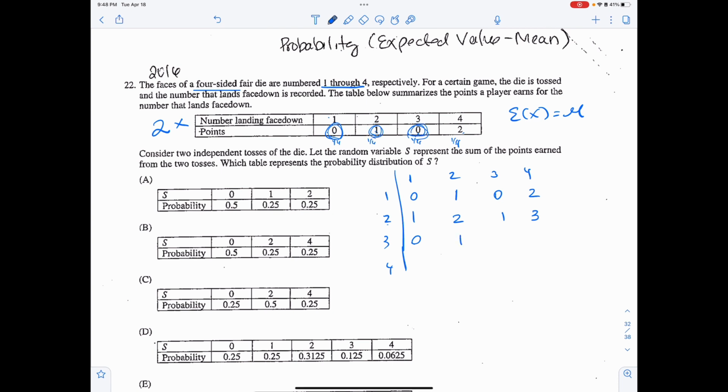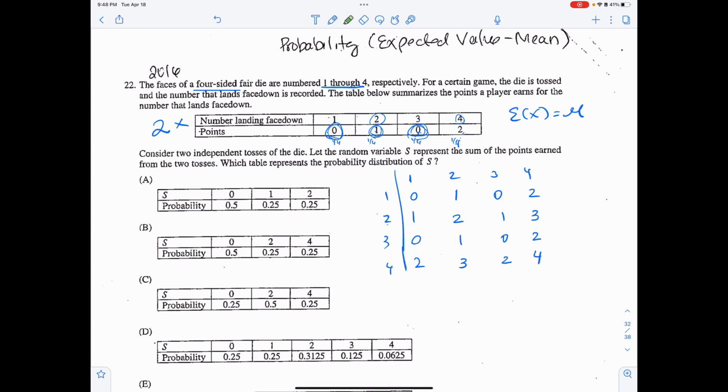A 3 and a 3 is 0. A 3 and a 4 is 2. A 4 and a 1 is 2. A 4 and a 2 is 2 plus 1, which is 3. A 4 and a 3 is 2. And finally, a 4 and a 4 is 2 plus 2, which is 4.